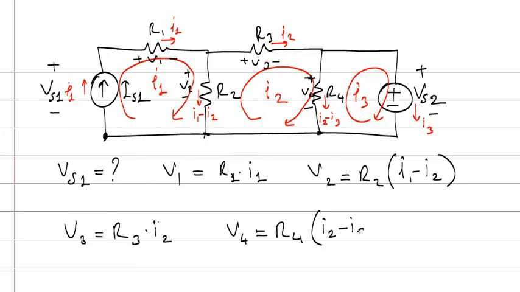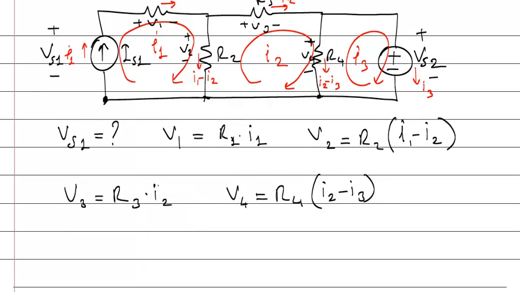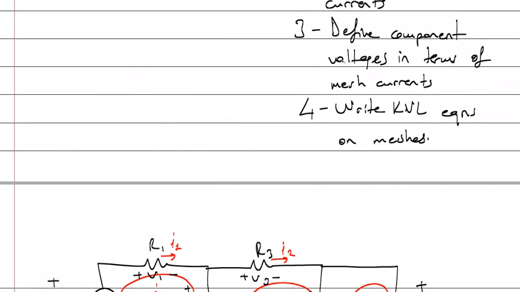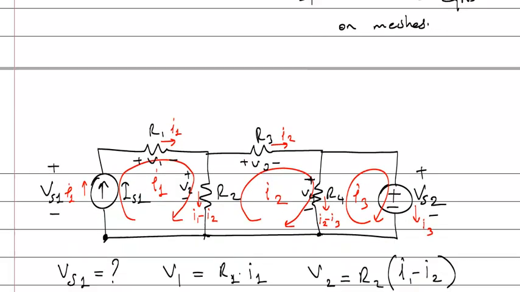I2 minus I3. What's the voltage of source 2? It's already given, V source 2. We don't know the current, but the voltage is given. And then I have defined the component voltages in terms of mesh currents. Then let's write the KVL equations on meshes.